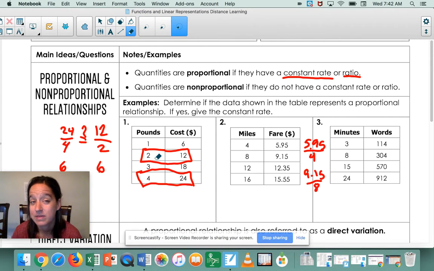If they came out to be different numbers or different decimals, then it was not a proportional relationship.